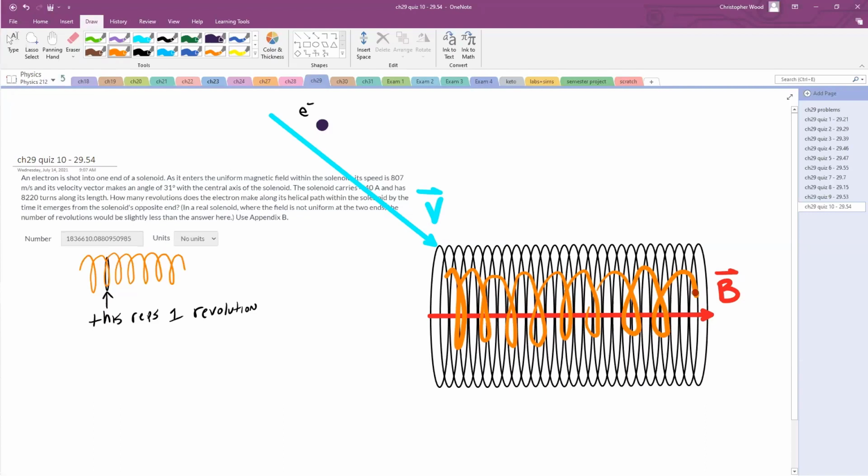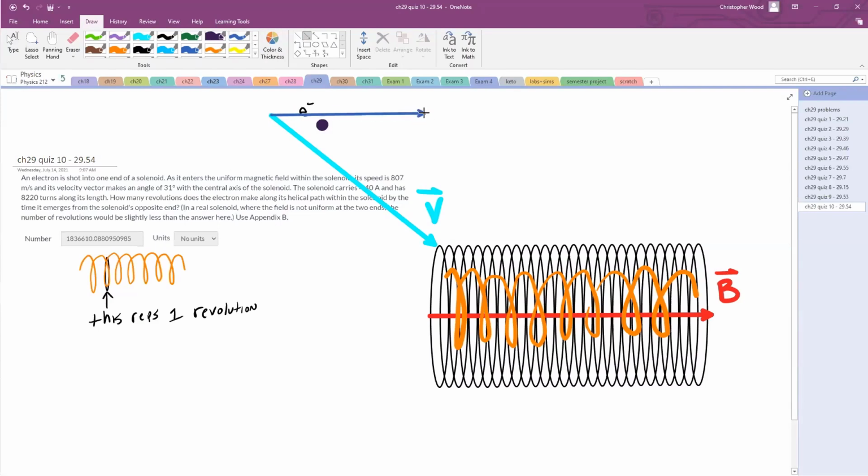Okay. All right, so here we go. How many of those revolutions are completed from the very beginning of the solenoid to the very end of the solenoid? And once again, uniform circular motion. I'm going to break my velocity into two components. This is the y component. Let me use blue. And I'll do it over here.